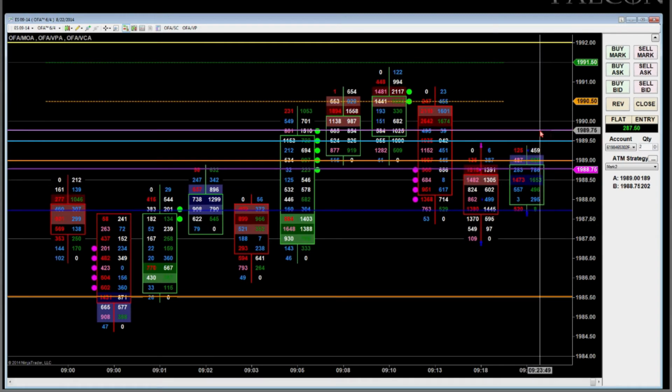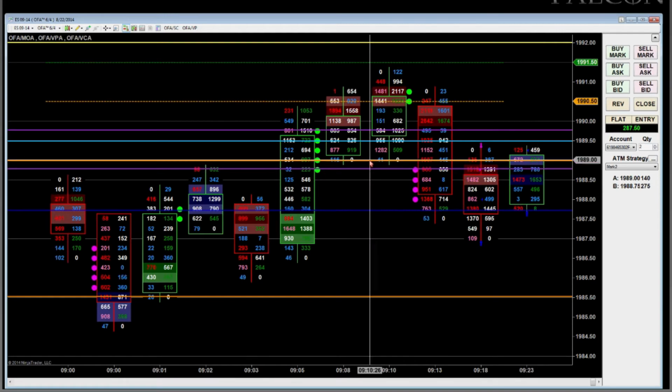So the next thing I would look at is what happens with price in the auction back up here at this closing swing high. The opening swing high had some meaning right here, but then sellers got aggressive.